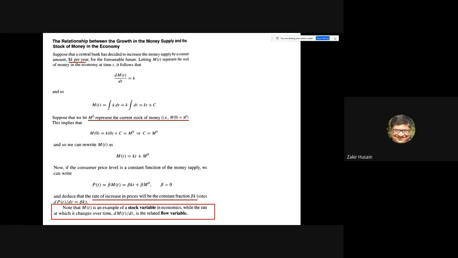So the rate of increase in prices will be a constant fraction, beta K, since dP by dt is equal to beta K. So Mt and Pt are examples of stock variables, the value at a particular point of time, while dM by dt and dP by dt are flow variables, the changes in the stock.